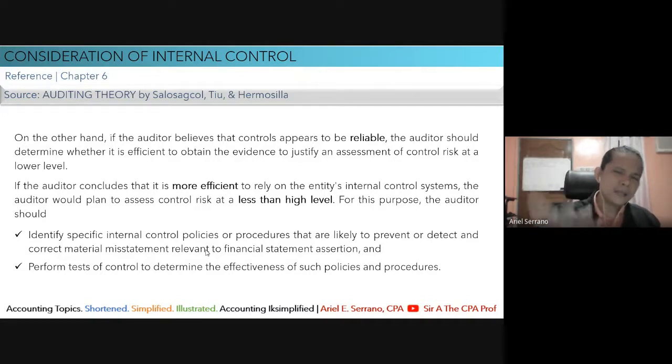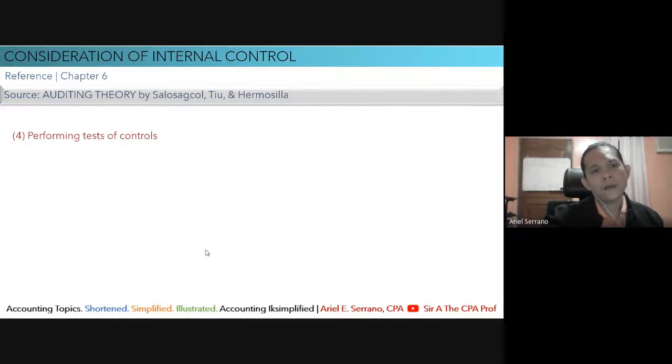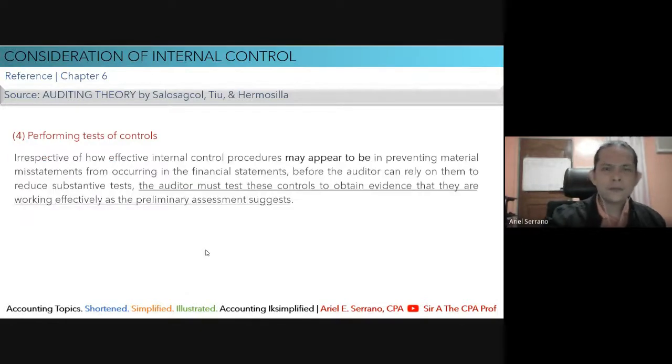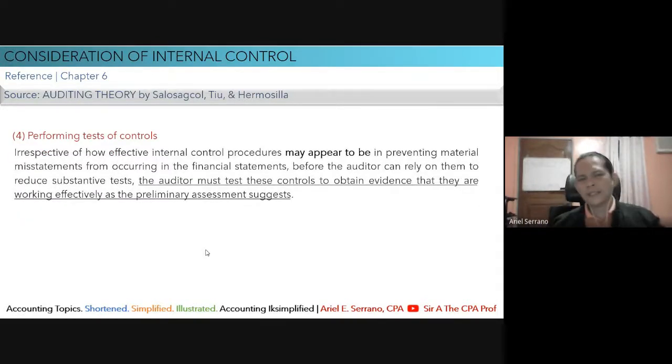So that is the time after testing the controls can we determine the operating effectiveness of those controls. Okay? Number 4, kung sinabi natin na yung control risk ay less than high level, okay, we will perform test of controls.